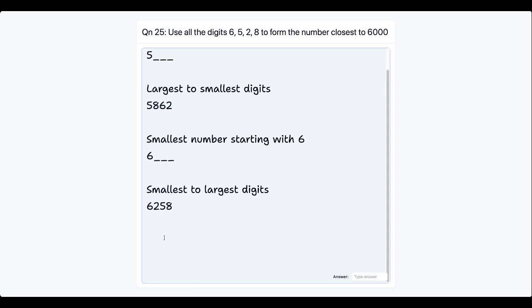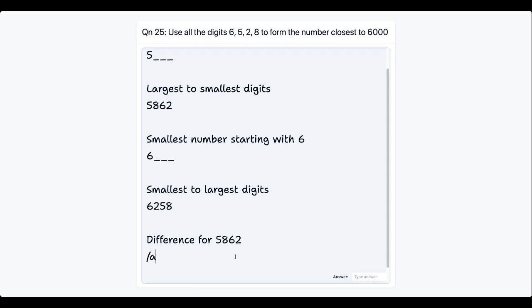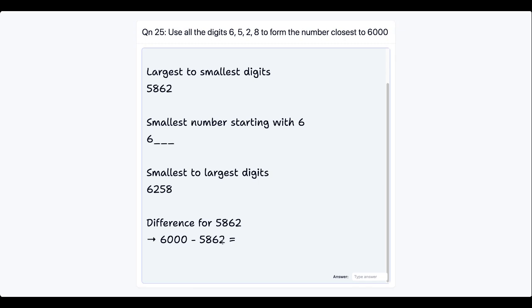From here, how do we know which one is closer? We need to subtract. For the difference for 5862, it is 6000 minus 5862. You should do your workings to check this. This should be 138.